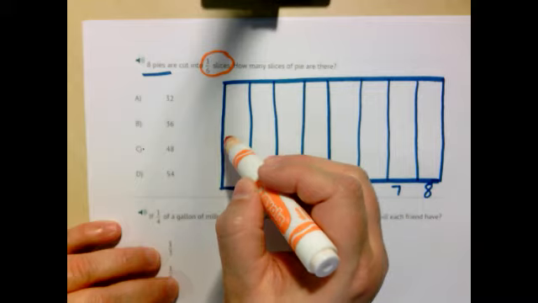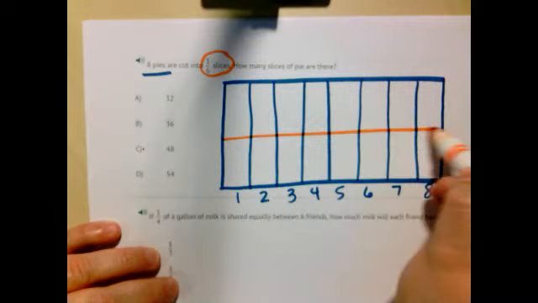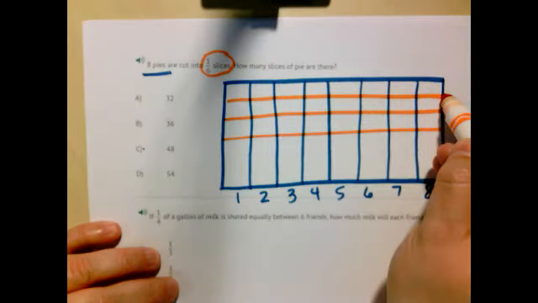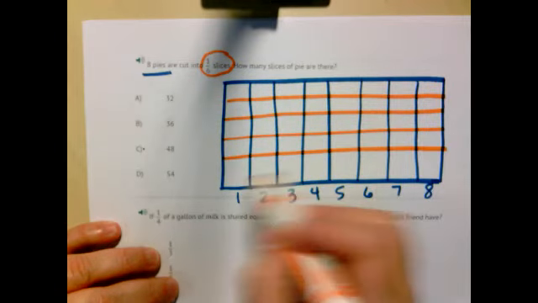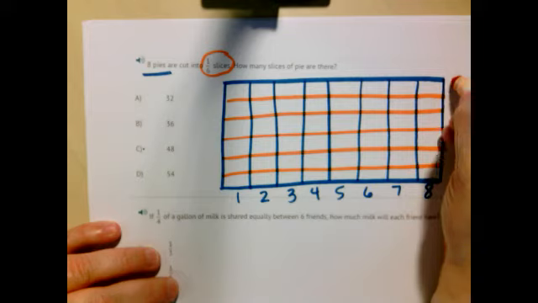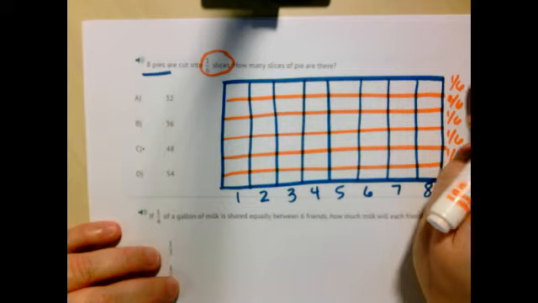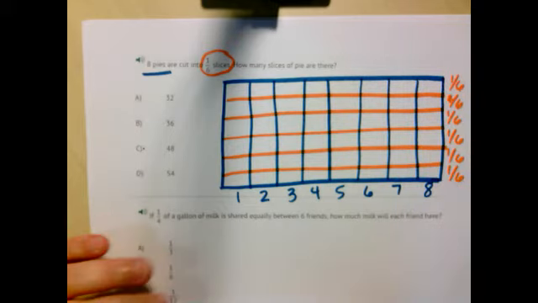So let's see here. All right, there's 3. So then there's 1/6, 1/6, 1/6, 1/6, and 1/6. So I made sixths there.